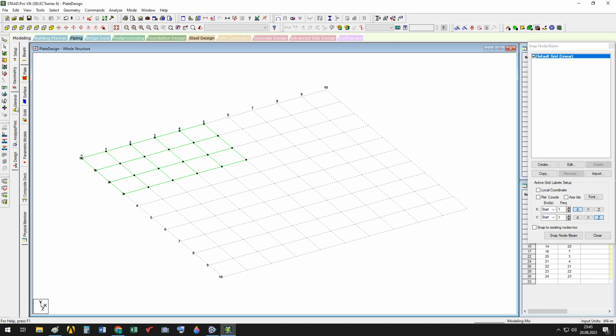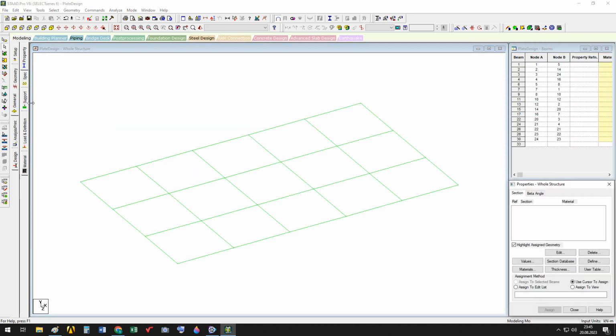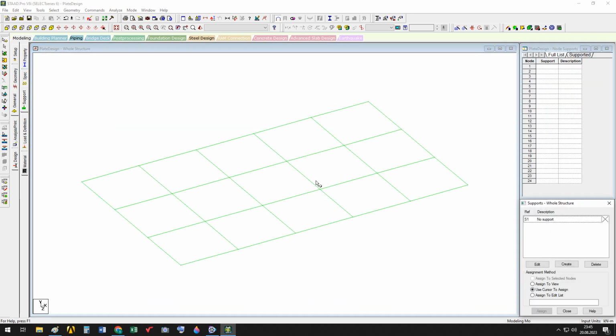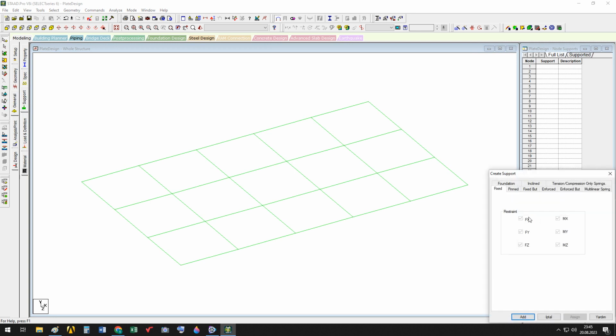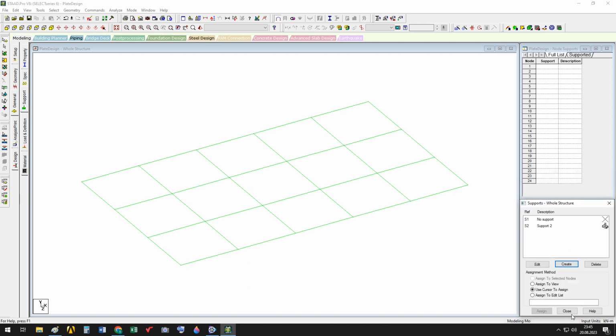Okay, let's create supports from the general menu. I want pinned supports, or let's use fixed supports. Click add. Use cursor to assign.